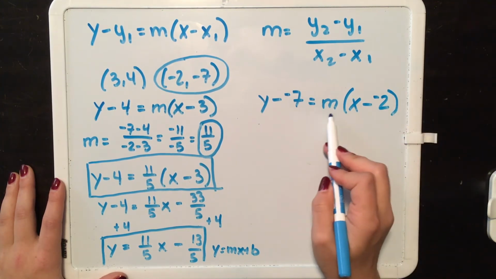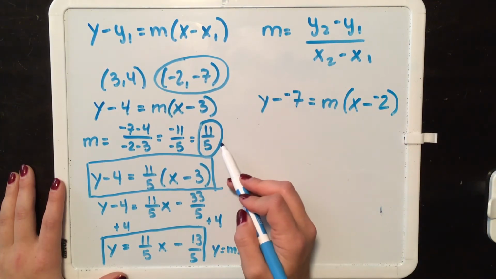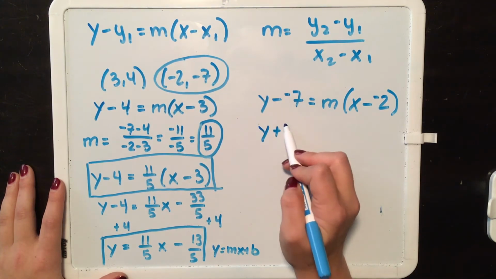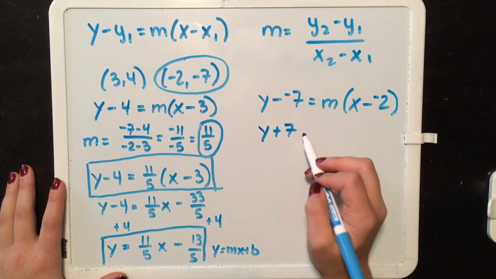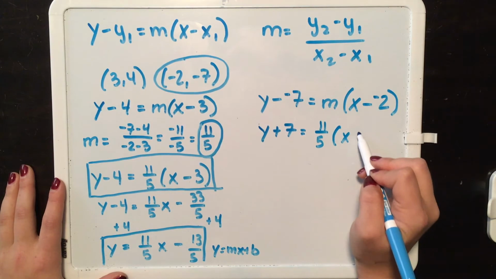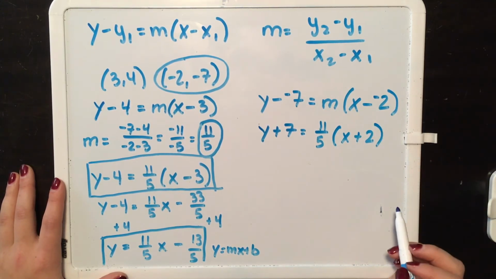So if we rewrite this with our slope, we already found the slope to be 11 over 5, so that's going to stay the same. y plus 7, because you have minus a negative, equals 11 over 5 times (x plus 2).